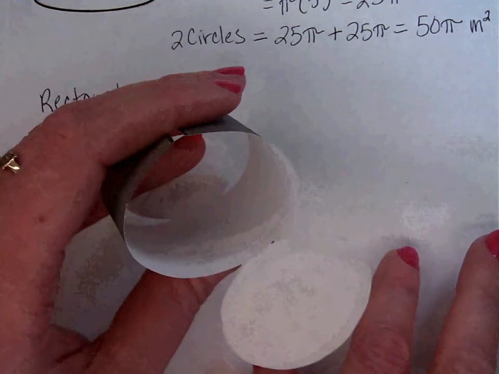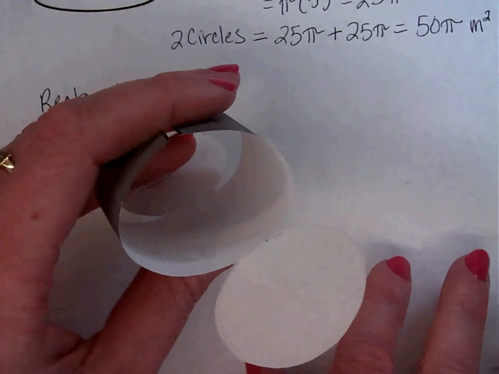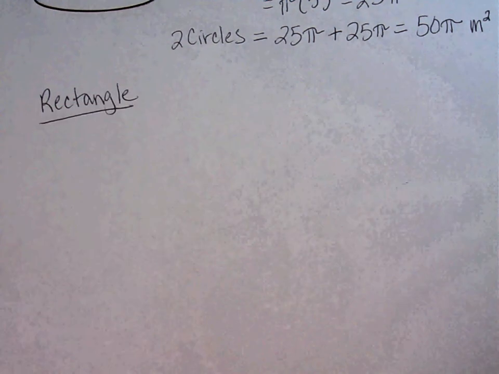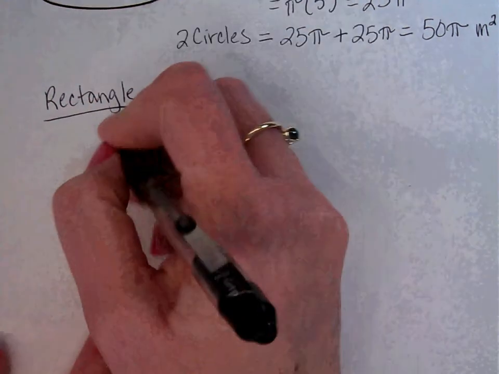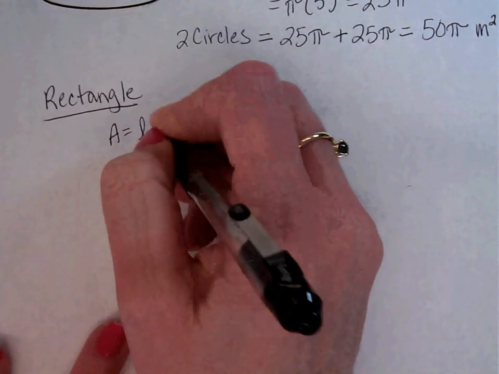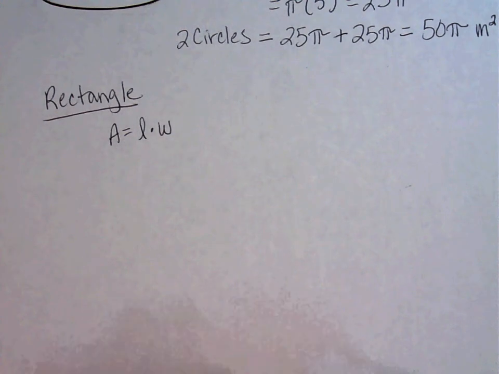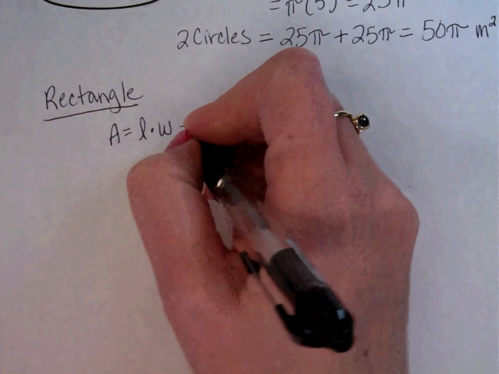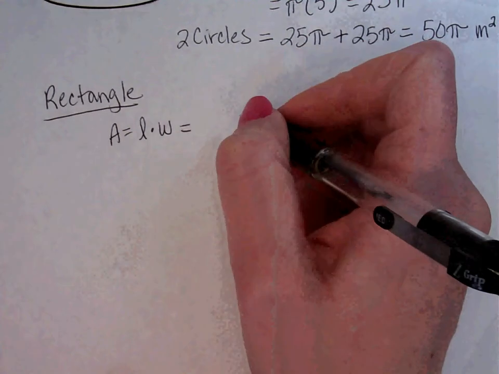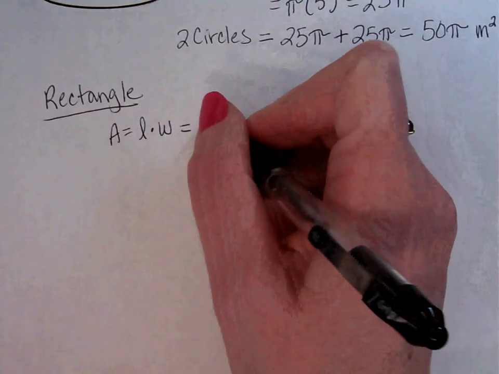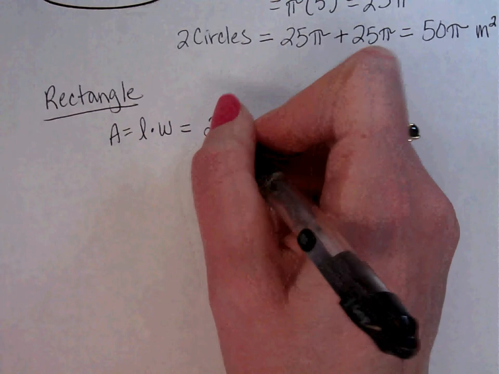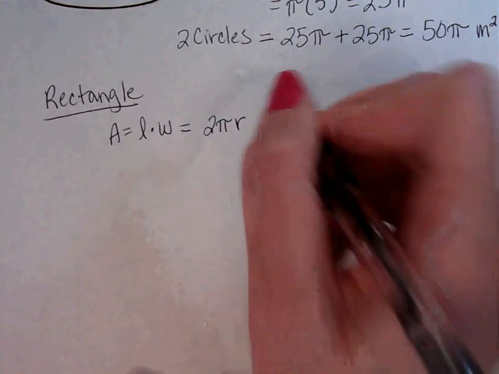You get the edge of a circle by finding circumference. So when you're doing rectangle, the area is length times width. The length is circumference. And we know from our formula sheet that circumference is 2 pi r.